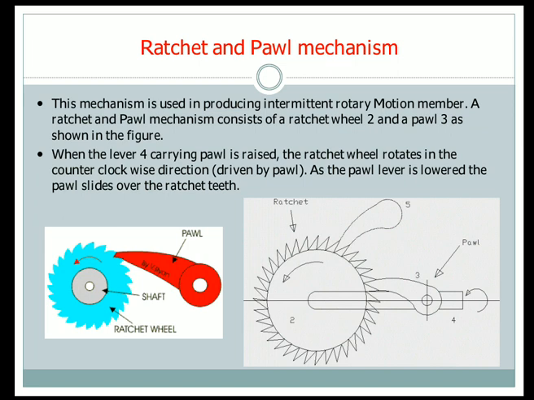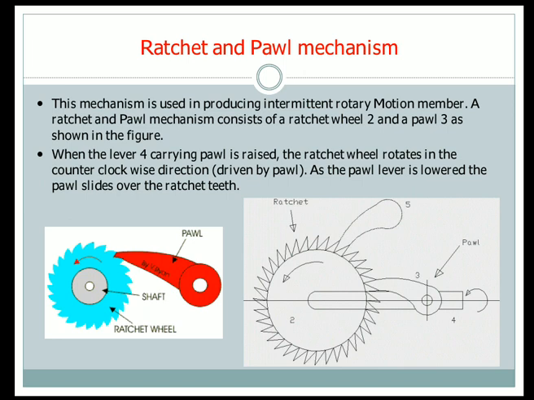As you can see from the figure, there is a ratchet wheel and there is a pawl shown in the figure, and there is a link 4 which is attached to the center of the ratchet wheel and the pawl. This mechanism is used in producing intermittent rotary motion, as the ratchet and pawl mechanism consists of ratchet wheel 2 and pawl 3 as shown in figure.